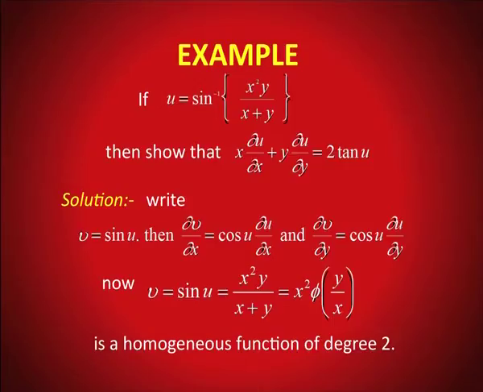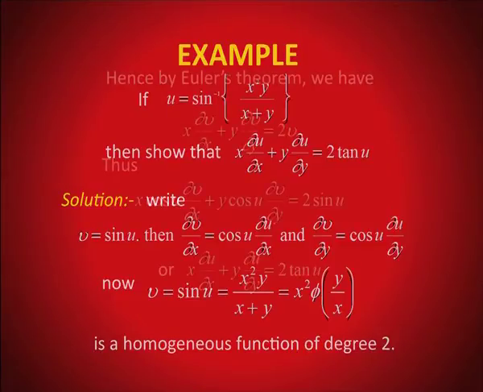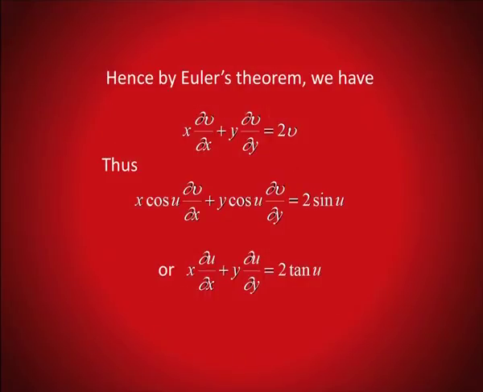Now, v = sin u = x²y/(x+y), which can be represented as x² φ(y/x); that is, it is a second order homogeneous function of the two variables x and y. It is a homogeneous function of degree 2. Hence, by Euler's theorem we have x ∂v/∂x + y ∂v/∂y = 2v.